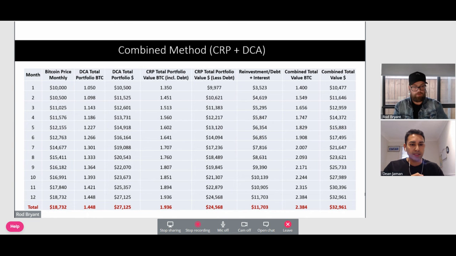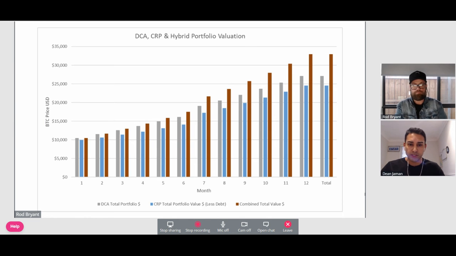There's a bar graph on the next slide if you put that on. The gray is the DCA, the blue is the CRP method alone, and the red is the combined effort, so the hybrid method, CRP and DCA combined. So you can see you can maximize your portfolio value and your wealth by utilizing this method.